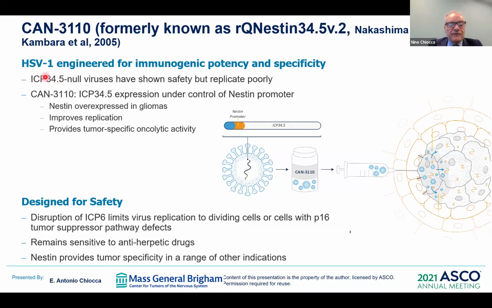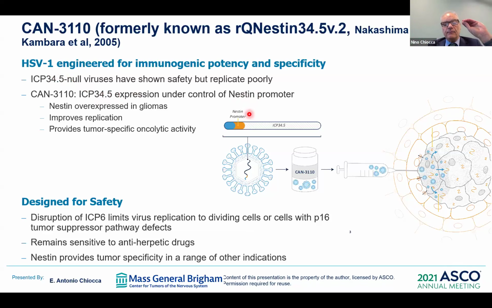The problem is that when you remove this gene, the virus does not replicate well and does not cause as much cytotoxicity. And therefore, we reasoned several years ago that we wanted expression of this gene, but we tried to restrict the expression of this gene that causes neurotoxicity to the glioma by itself.